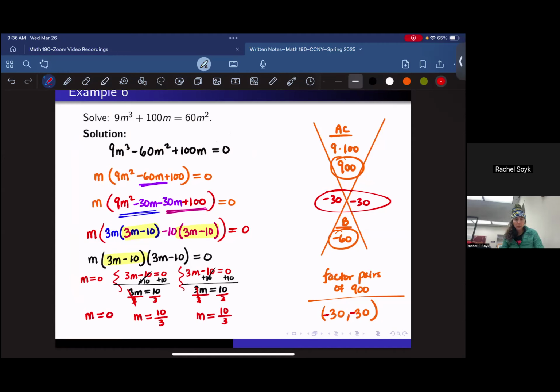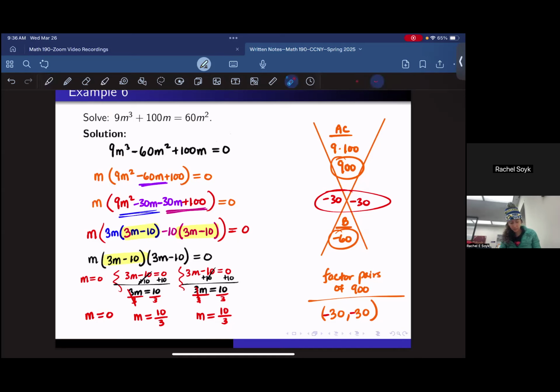So we have our 3 solutions, 0, 10 over 3, and 10 over 3, or we can write it as 0, 10 over 3 with a multiplicity of 2. And then last but not least, we want to make sure that all of these solutions indeed work.